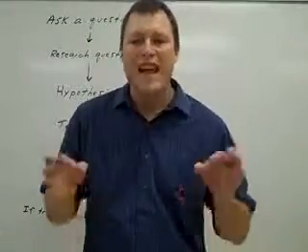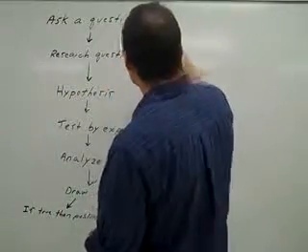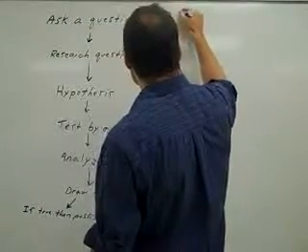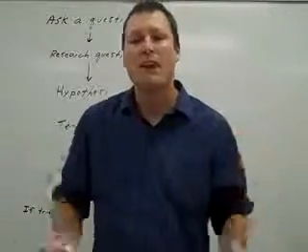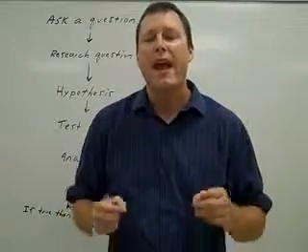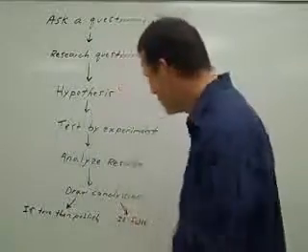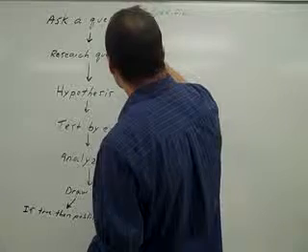What we want to do is ask a specific question. So let's go ahead and write that down. We want our question to be specific. For example, we might ask a question, at what temperature do radish plants grow best at? So I'm going to go ahead and write that down.